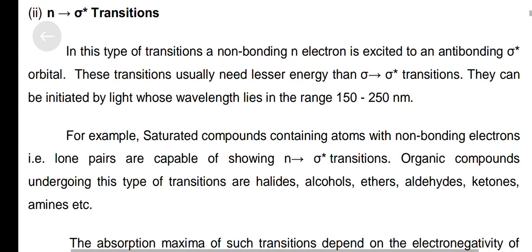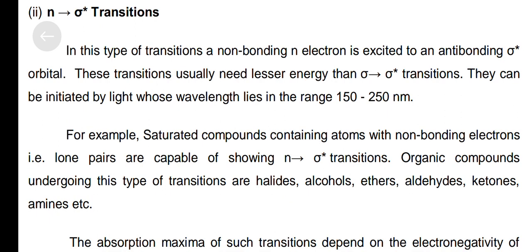For example, saturated compounds containing atoms with non-bonding electrons, lone pairs, are capable of showing n to sigma star transitions. Organic compounds undergoing this type of transition are halides, alcohols, ethers, aldehydes, ketones, amines, etc.